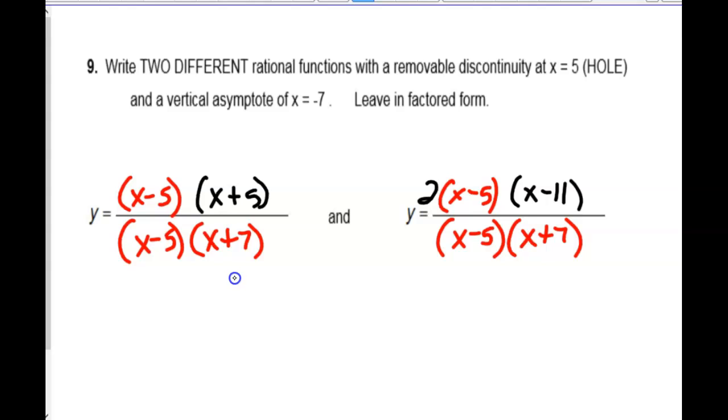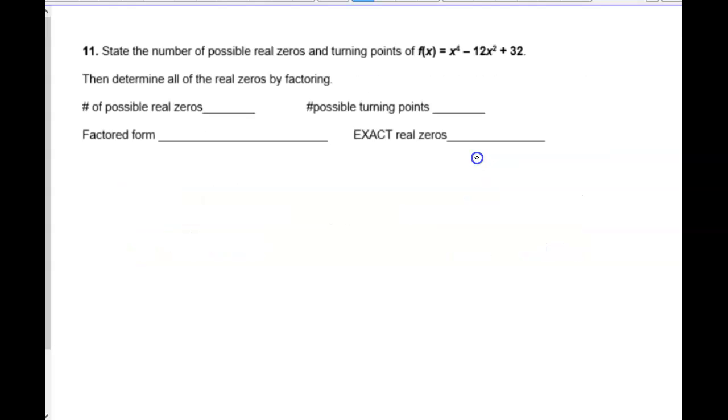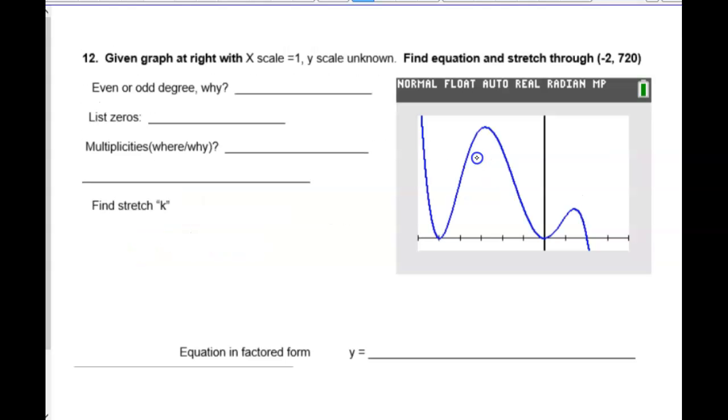It doesn't say anything about end behavior. Better? Somebody else had a hand up. Yes. Okay, this is a tricky one, guys. Can you tell if this is even or odd?